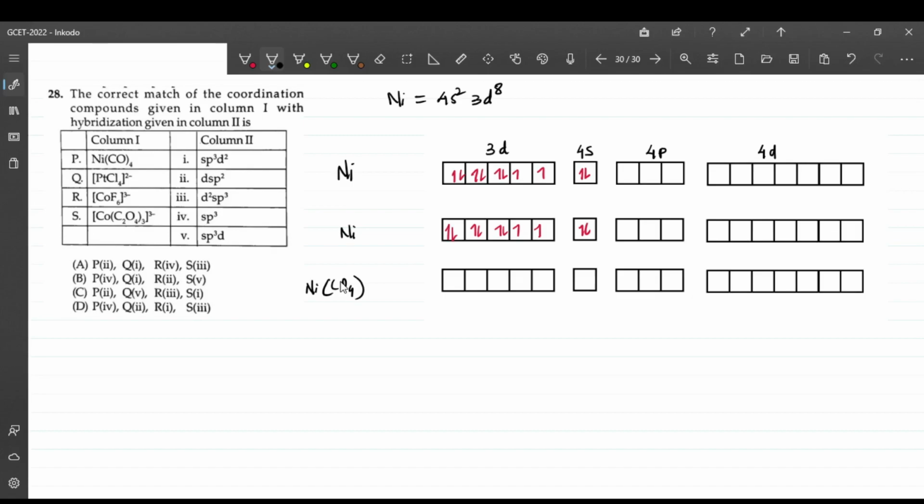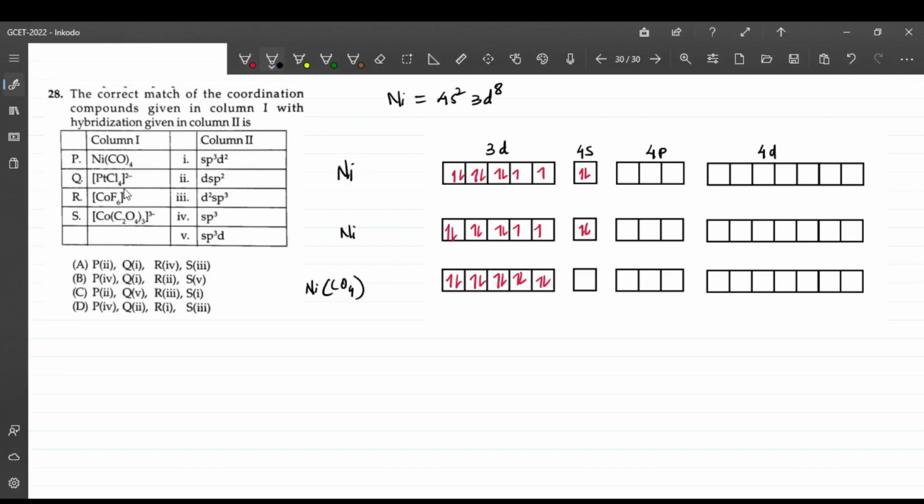If we refer to the spectrochemical series, carbonyl is a strong field ligand. Strong field ligand means it will show pairing, like there are 8 electrons, no? So 1, 2, 3, 4, 5, 6, 7 and 8, and these 2 electrons which were there in the s orbital will come over here.